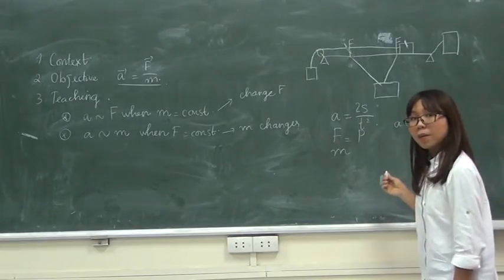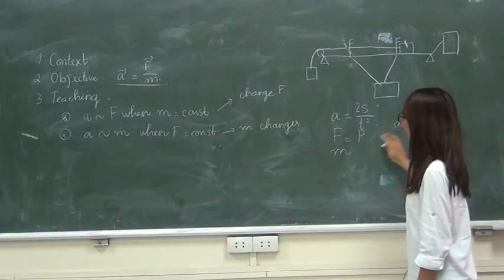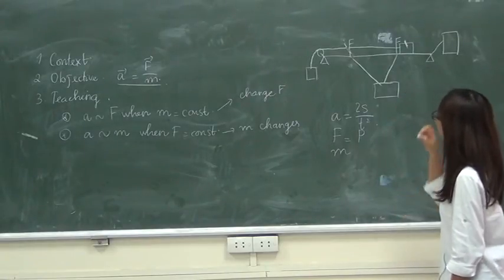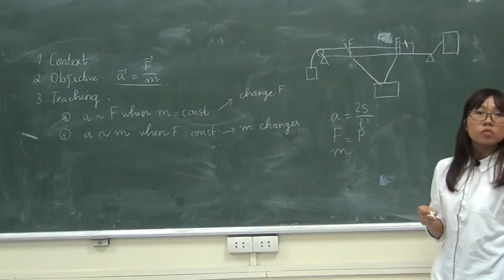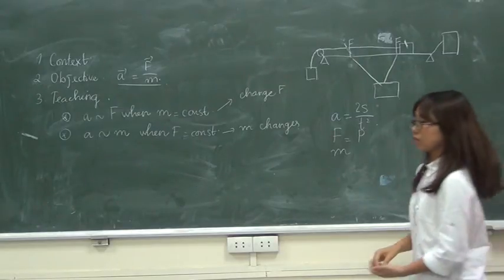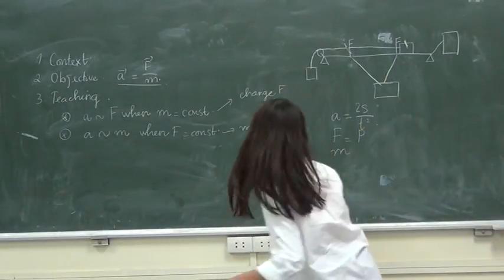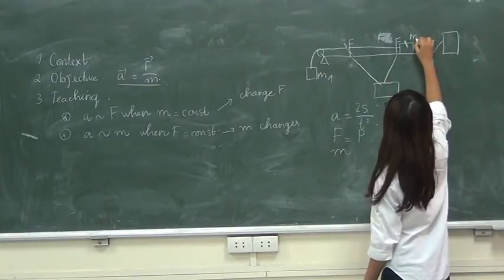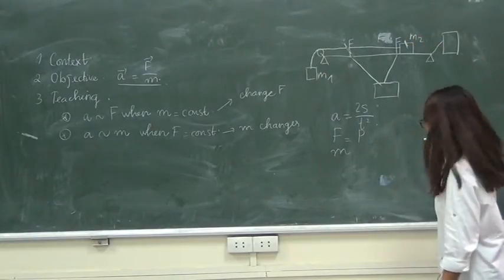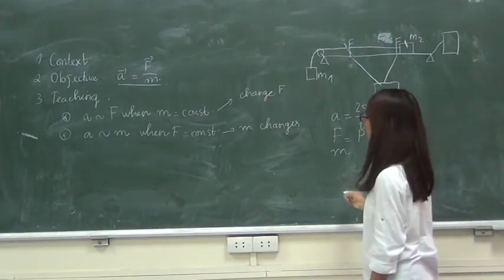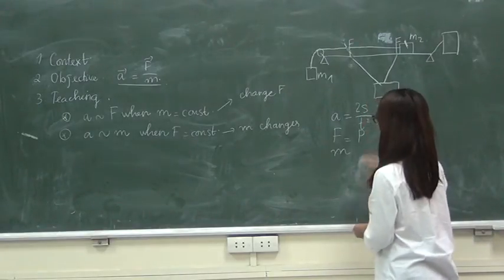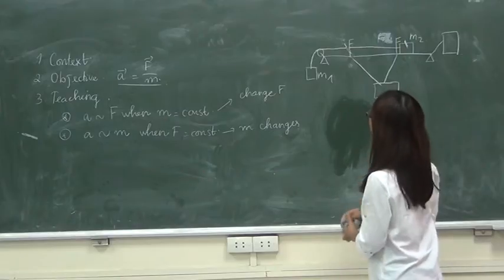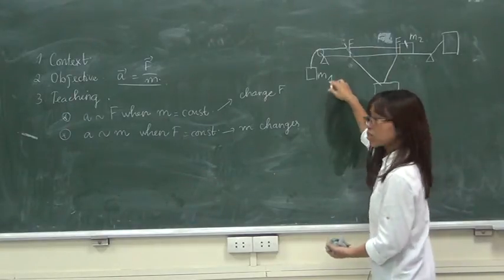You wrong, totally wrong. Write down the Newton's second law for the pulling object. M1, M2. Yeah. Okay. Write down Newton's second law for M1. Yes. Write down.